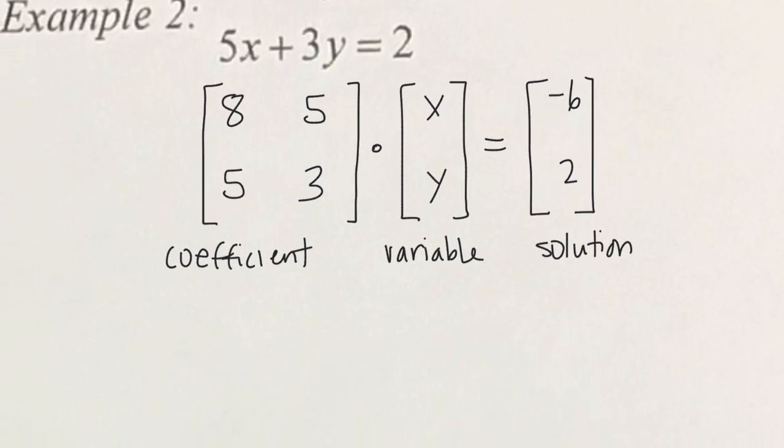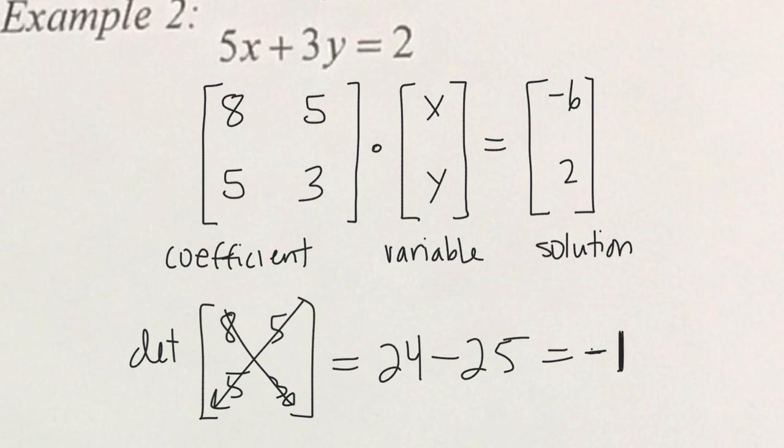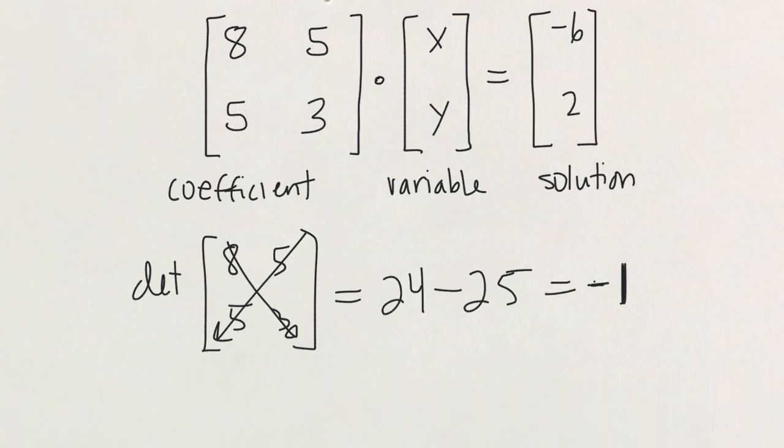Next, we find your inverse. Part of finding the inverse is the determinant of this coefficient matrix. That's done by doing 8 times 3 minus 5 times 5, which is -1. So we have a determinant of -1.